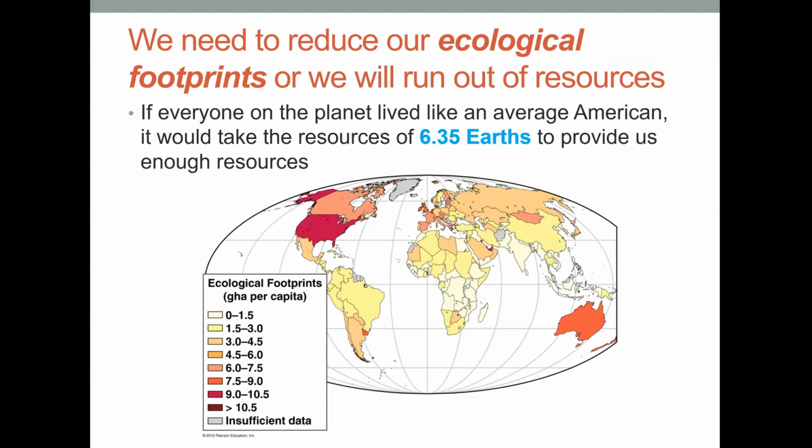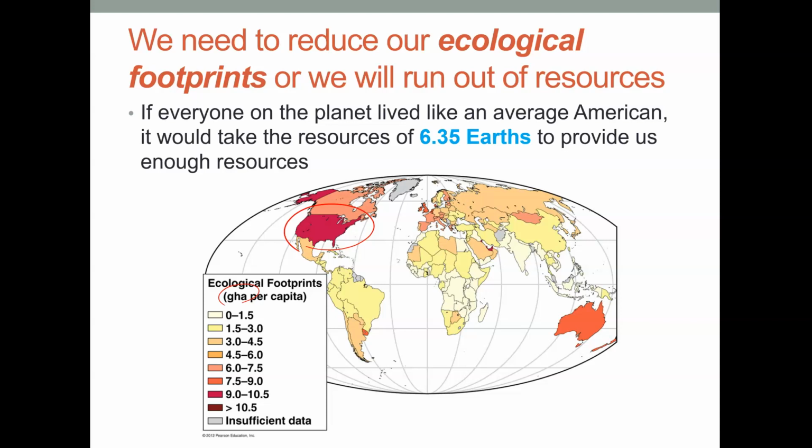And this is kind of what I was talking about before. We need to really reduce our ecological footprint. The average American needs about 10, I think this is hectares. I forget what a hectare is. Let me think... hectare to acre. So 1 hectare is about 2.5 acres.